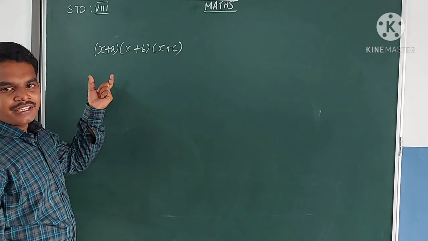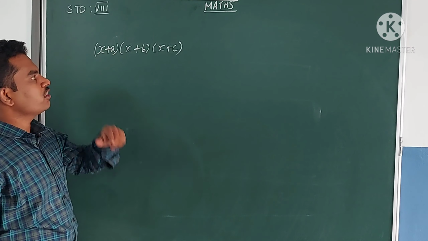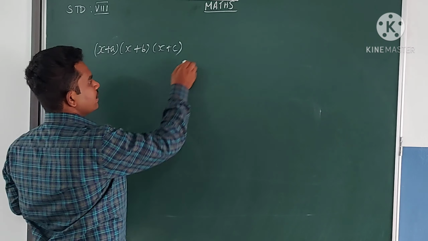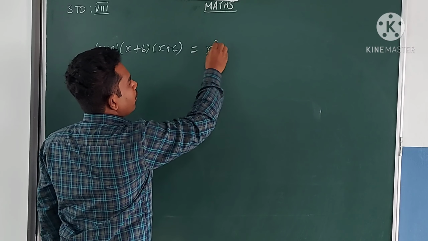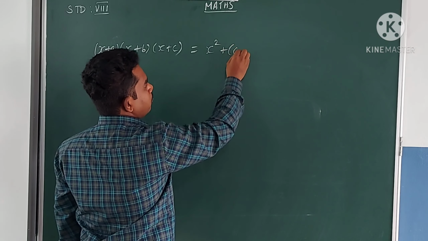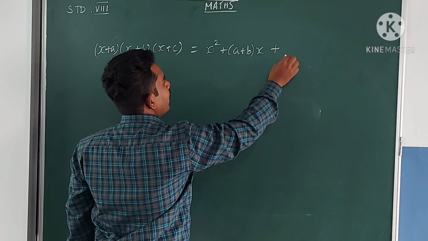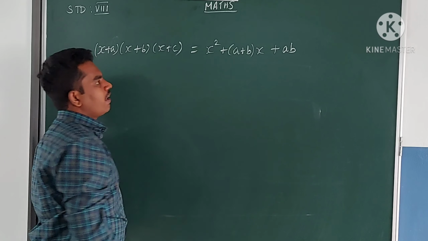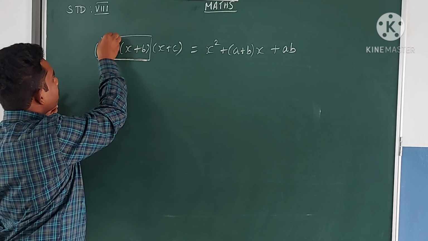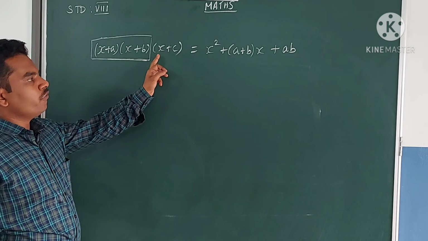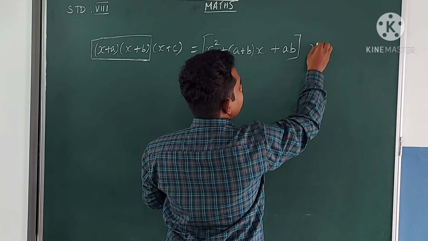Already you know the formula for the first two terms: x plus a into x plus b equals x square plus a plus b into x plus ab. Next, we multiply it into x plus c.